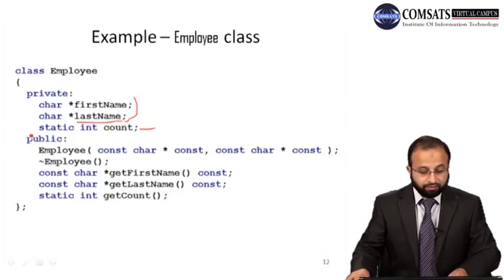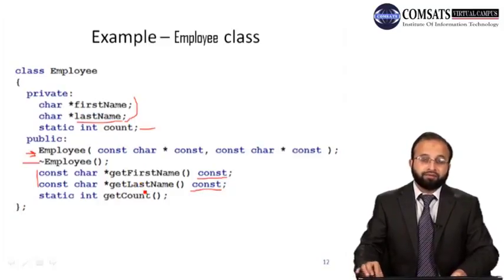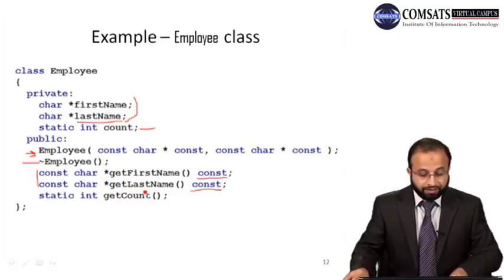Then we have the public functions. The first function is of course the constructor. The second one is the destructor, and then we have the constant functions getFirstName and getLastName. The const at the end tells us that these are constant functions, and they return a const character pointer.